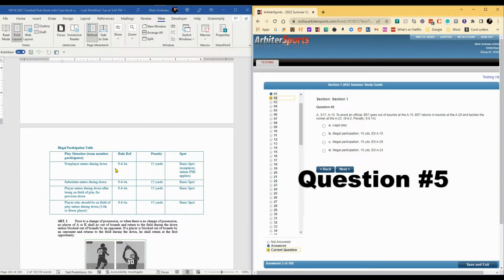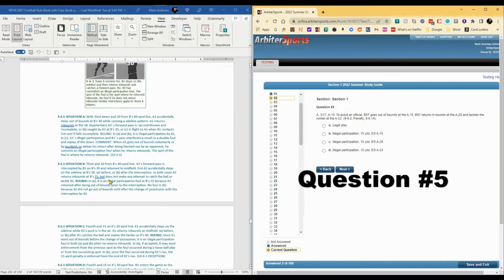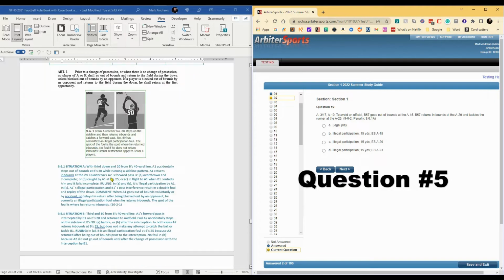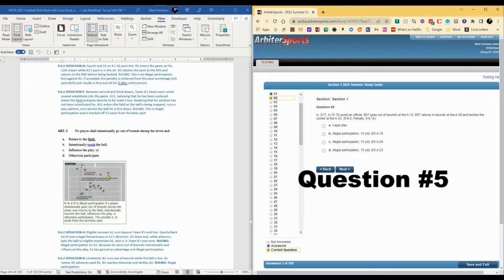Okay, but there's another type of illegal participation. It says no player shall intentionally go out of bounds during the down and return to the field, intentionally touch the ball, influence the play, or otherwise participate.